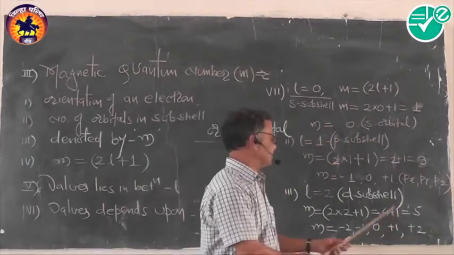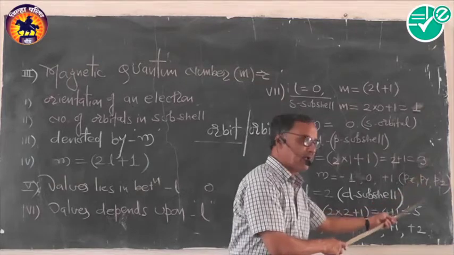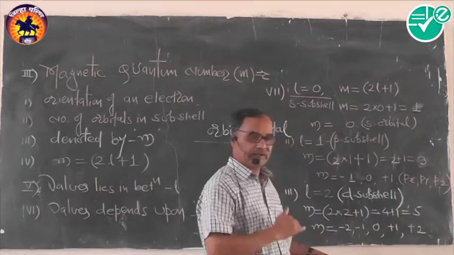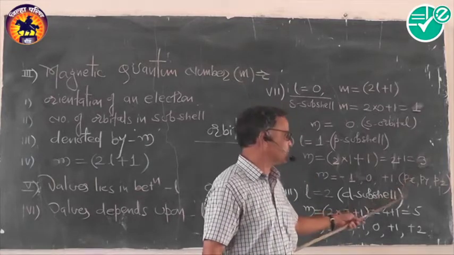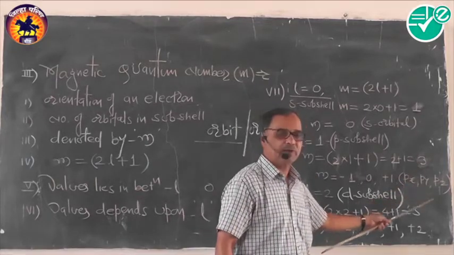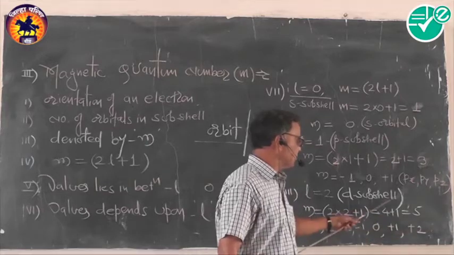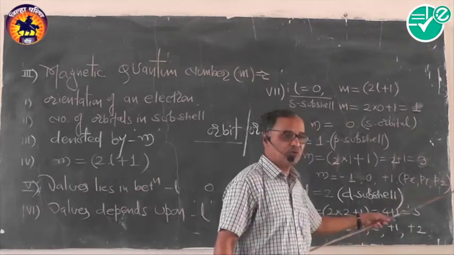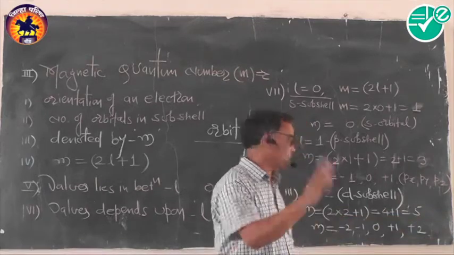So these orbitals are px, py, pz, or according to the electronic configuration, 2px, 2py, 2pz, or 3px, 3py, 3pz, or 4px, 4py, 4pz, and so on.